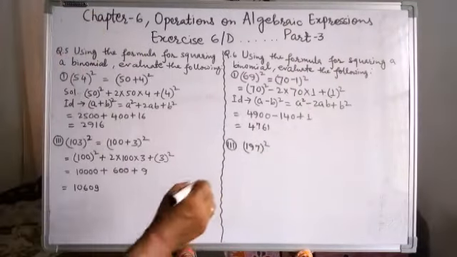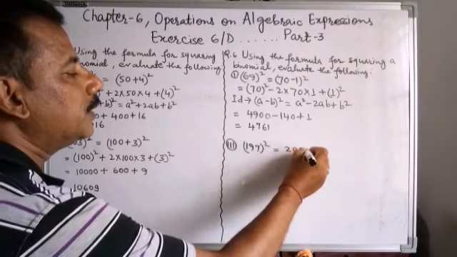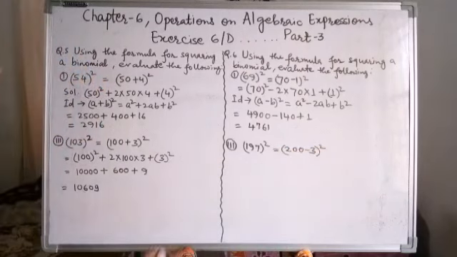Now next question, 197 square, that is equal to (200 minus 3) whole square.